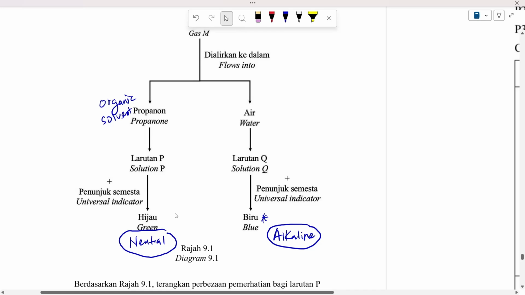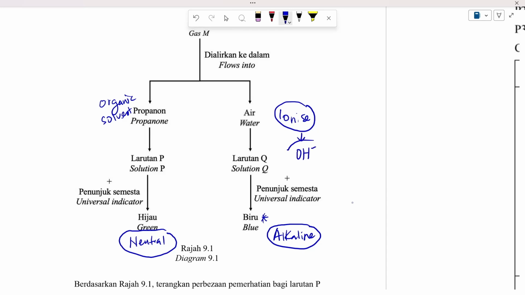It cannot ionize in organic solvent. Actually, the ions making the alkaline properties are hydroxide ions, meaning that in water it can ionize. The keyword here is ionize. Then you produce hydroxide ions, and it can show the blue color in universal indicator, the alkaline properties.